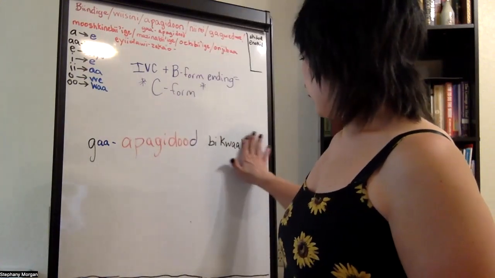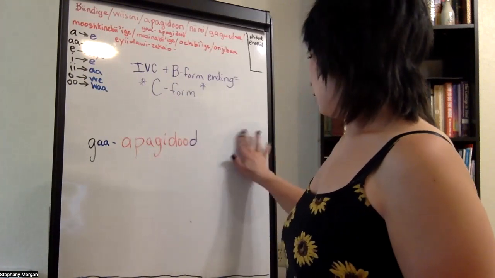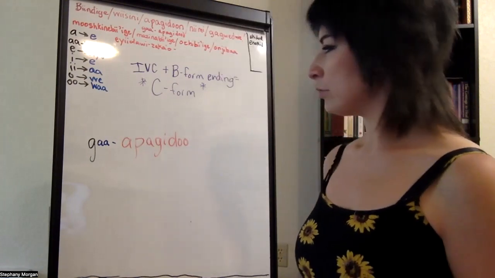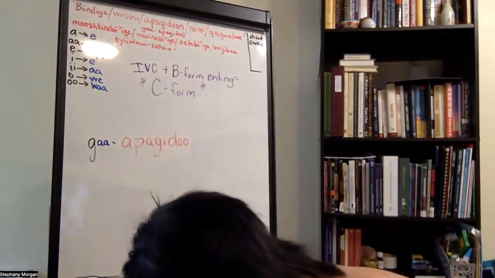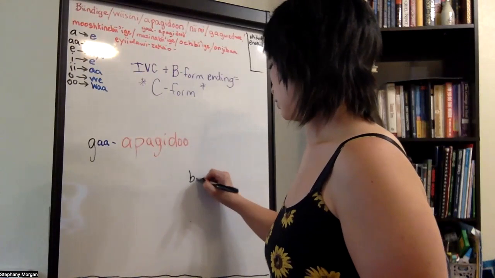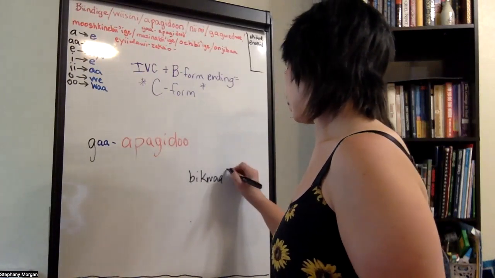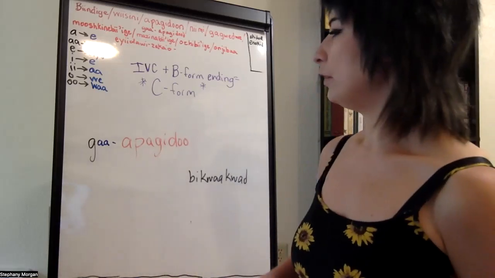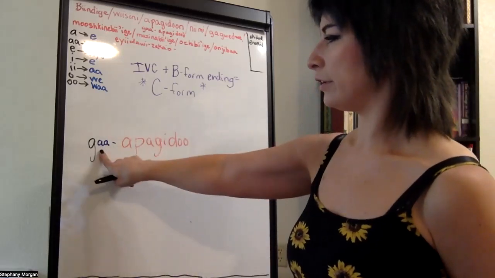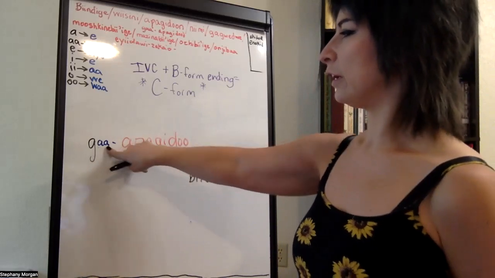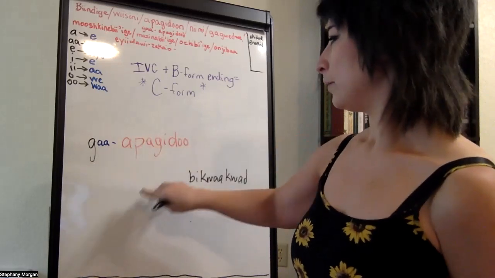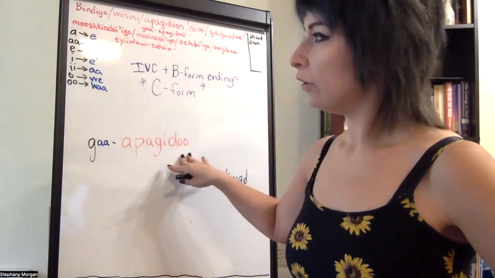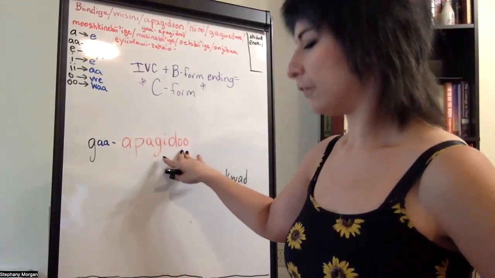Now, let's say we wanted to ask about more than one person doing it, like more than one, they're the ones who are throwing the ball. We still have bikwakwood. It's still in past tense, so our initial vowel change is still ga. Gi becomes ga. But now, since we're talking about they, plural, more than one he or she, we need to use winawa B form ending.